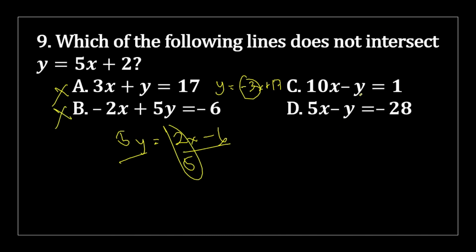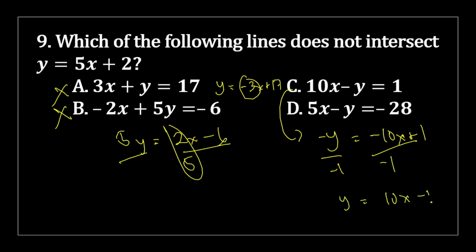In letter C, we have negative y equals negative 10x plus 1. Divide both sides by negative 1. So we have y equals 10x minus 1. So this is also not our line.